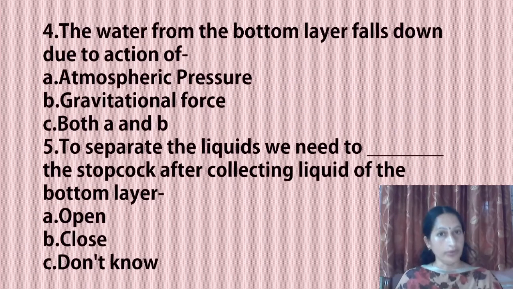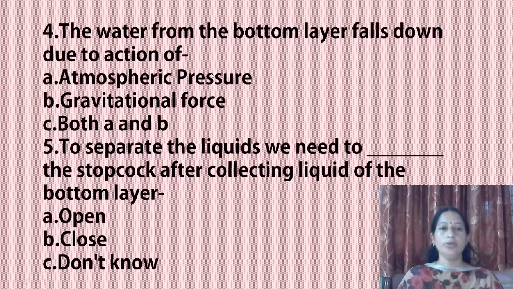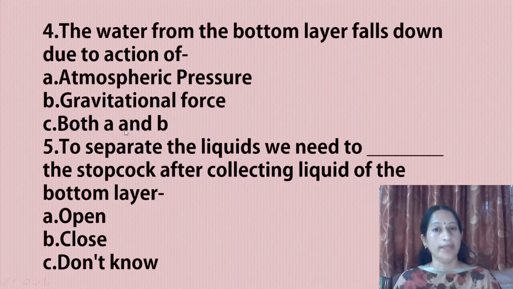So let's go to the next round of questions. The water from the bottom layer falls down due to the action of atmospheric pressure, gravitational force, or both A and B. So the bottom layer, which is the liquid having high density, why does it fall down first, and what is the reason? Think over.